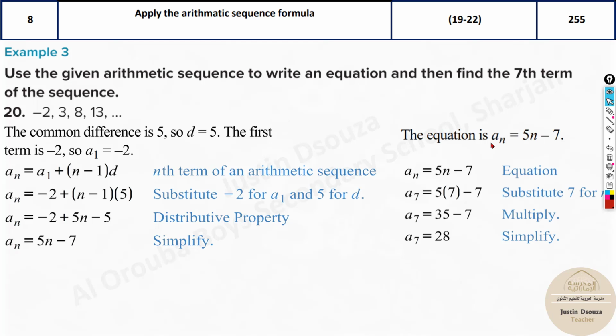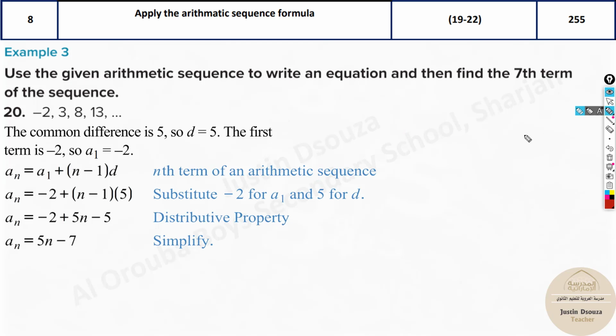Now, what is the nth term? Here, you can use this equation, or I will show you over here. It will be the same formula, that is an equals... sorry, I forgot to write a1. It's a1 plus n minus 1 times d.